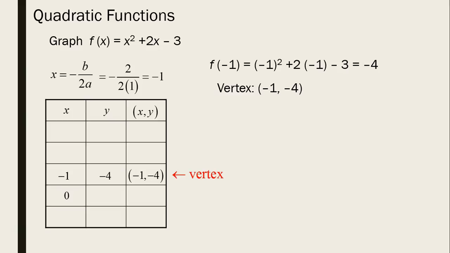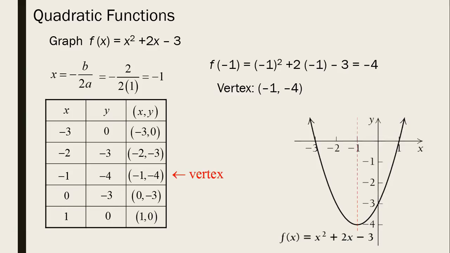So for example, if we let x be 0, y would be negative 3. And if we let x be negative 2, y would be negative 3. So do you see the symmetry going on? How about if we let x be 1? Substitute 1 in for x in our equation, and y is 0. If we let x be negative 3, y is also 0.